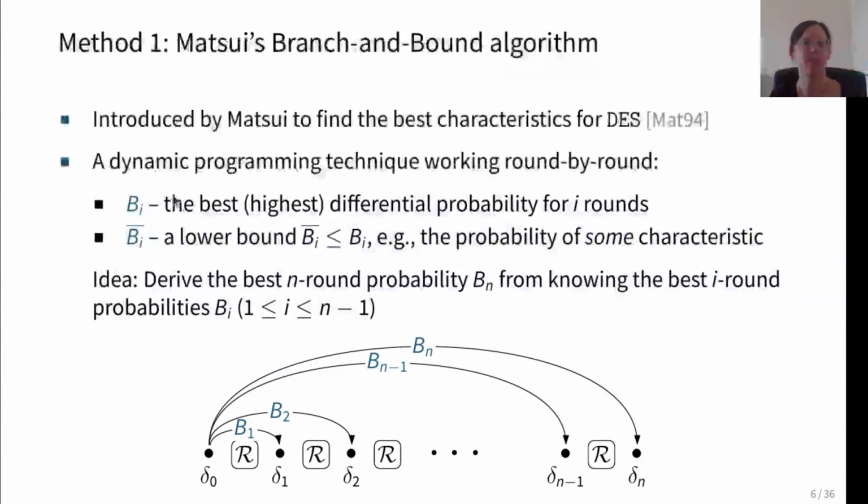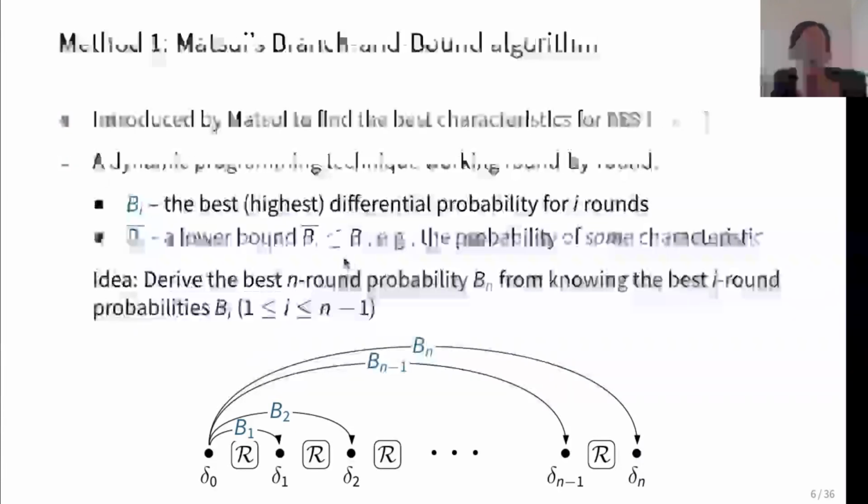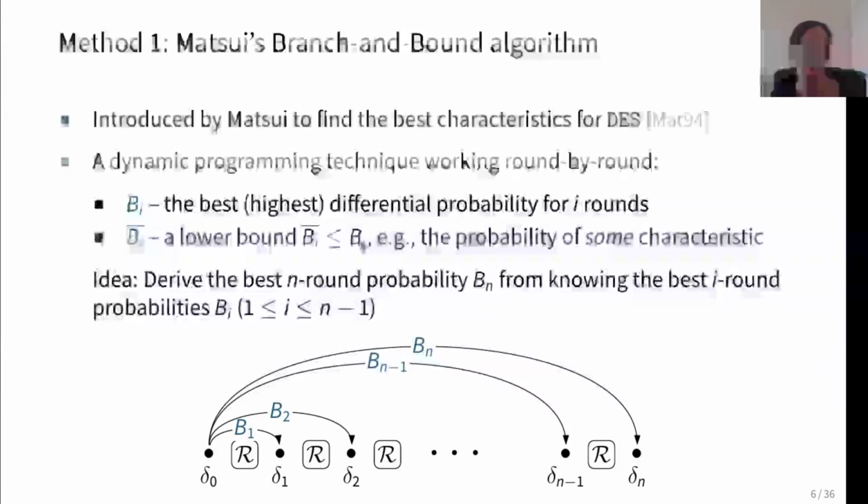And in addition to this actual optimal solution which we are looking for, or this best possible value, we are also always carrying along a bound for the solution. So this is a lower bound which is guaranteed to be at most as good as the best characteristic.